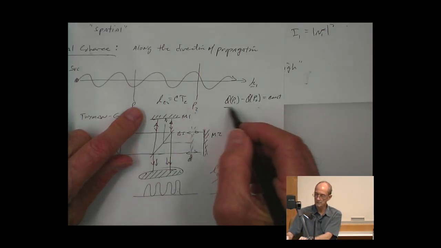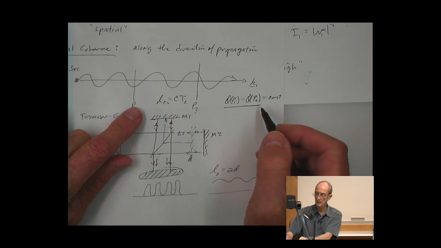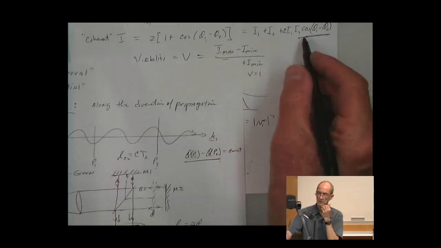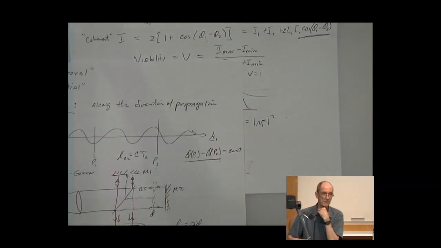So this phase difference, if it remains constant, is going to give us a contrast value in that interference term, okay? If not, if it's varying or changing, say, in time, then it's going to wash out. We're not going to see it, okay?